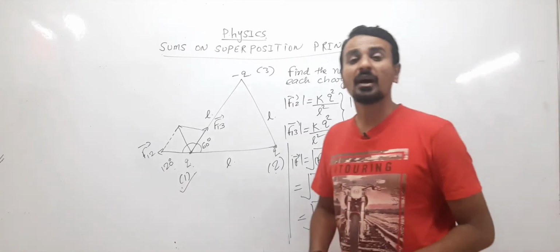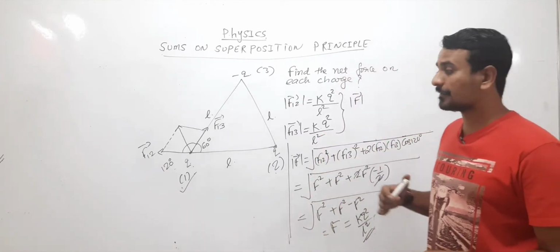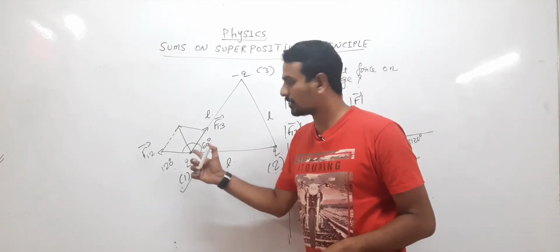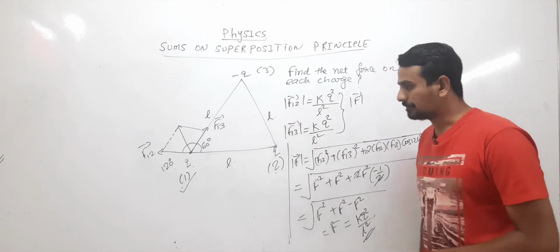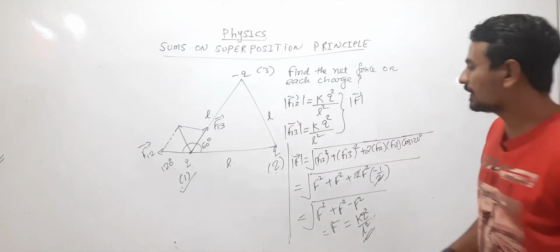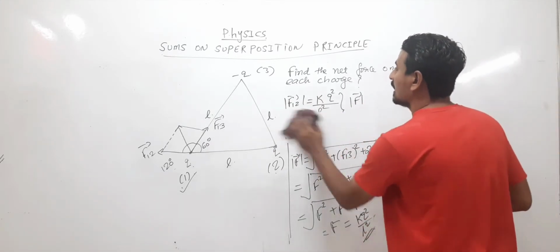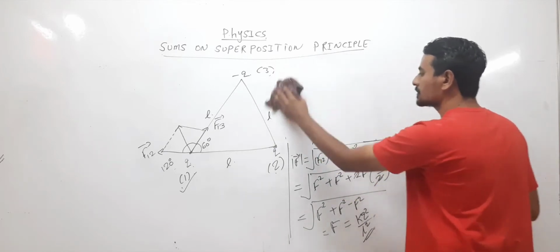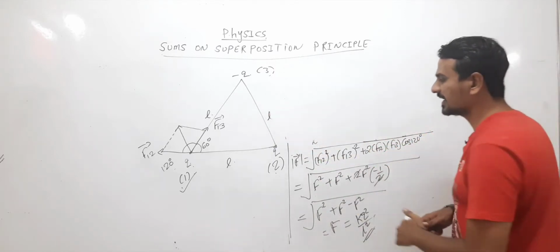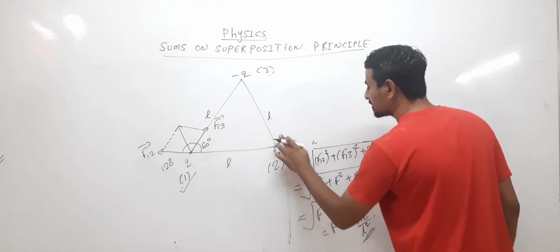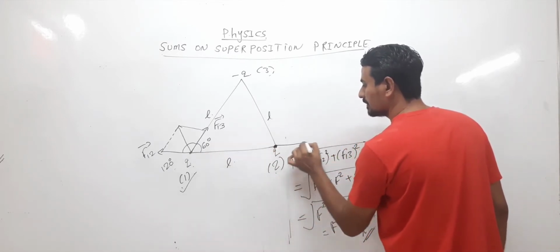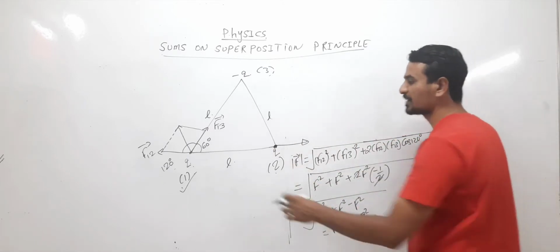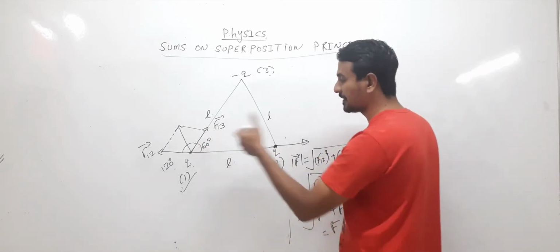Clear? Okay, now we are asked to calculate the force on each and every charge. This was the force on the first charge, similarly on the second and third. Okay, fine. So now if we are calculating the force on the second charge, the same procedure is to be followed, because the force on 2 because of 1 will be in this direction, both are positive charges, so they will repel each other.